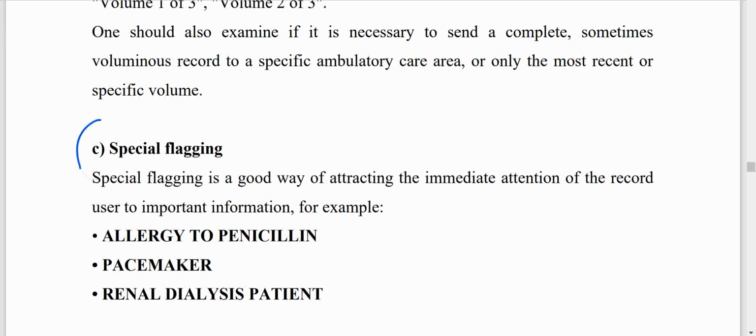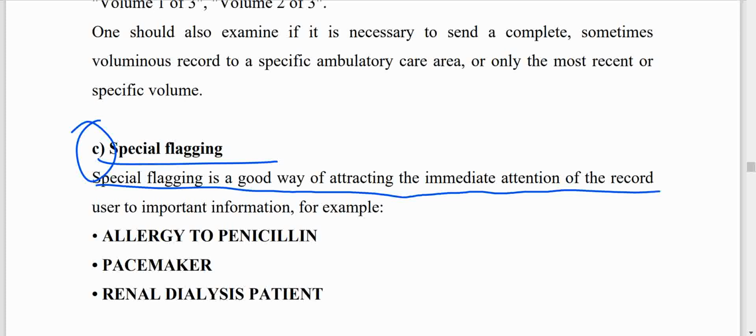consideration in filing, number 3, is what we call special flagging. Special flagging is a good way of attracting the immediate attention of the records user to important information. So what do you do to attract the attention of the user?